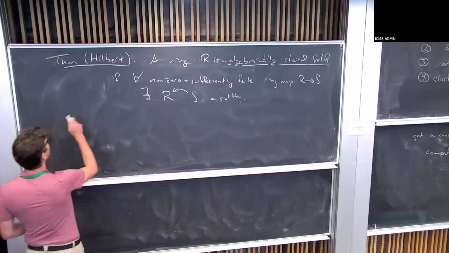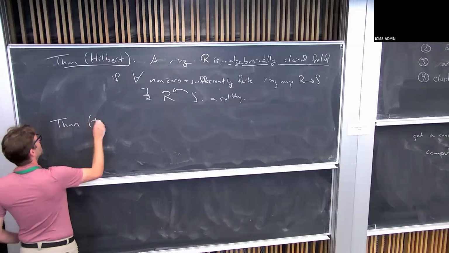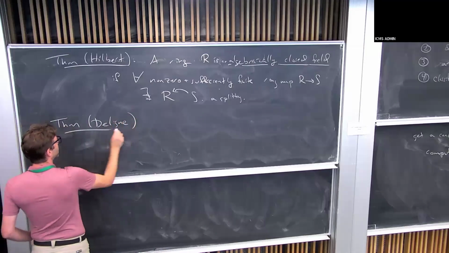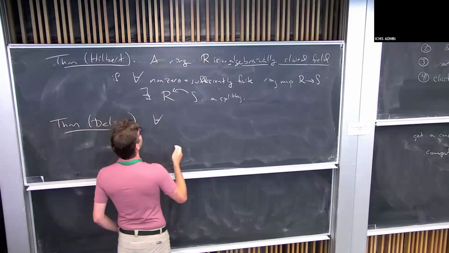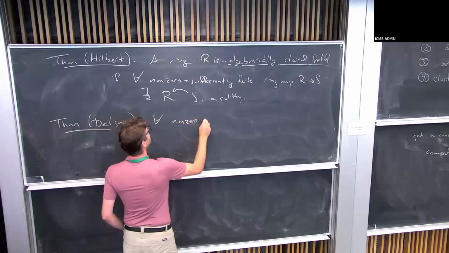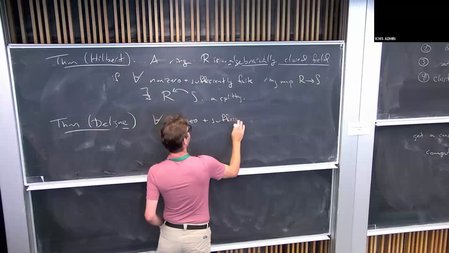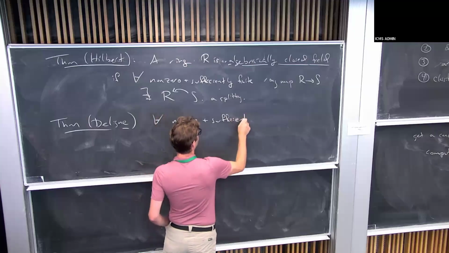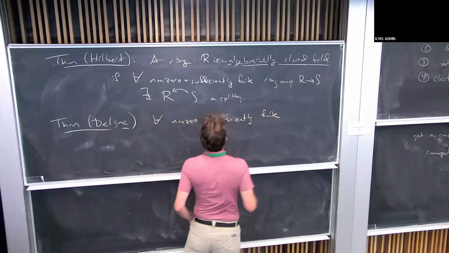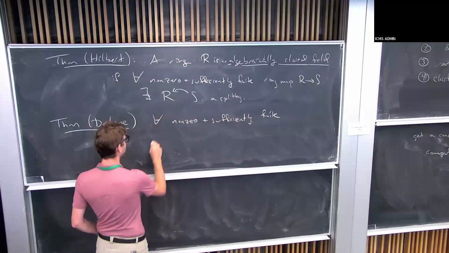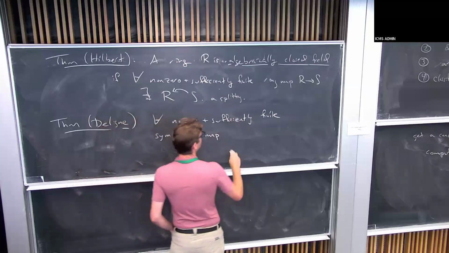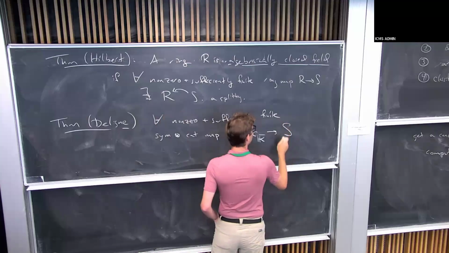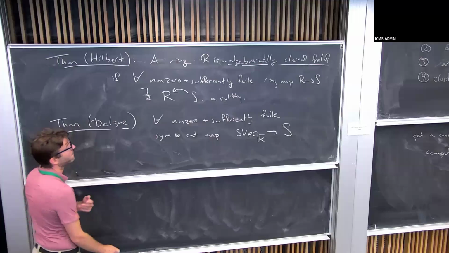So around 100 years later, Tannaka proved the following. For every non-zero and sufficiently finite symmetric monoidal category map with domain SFEC, it has a splitting.